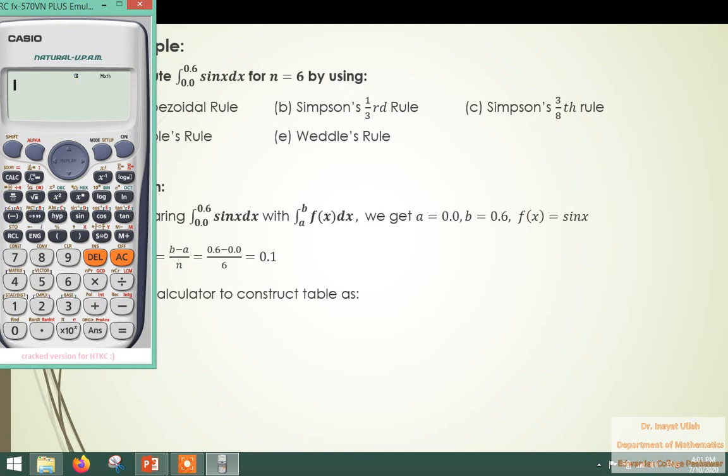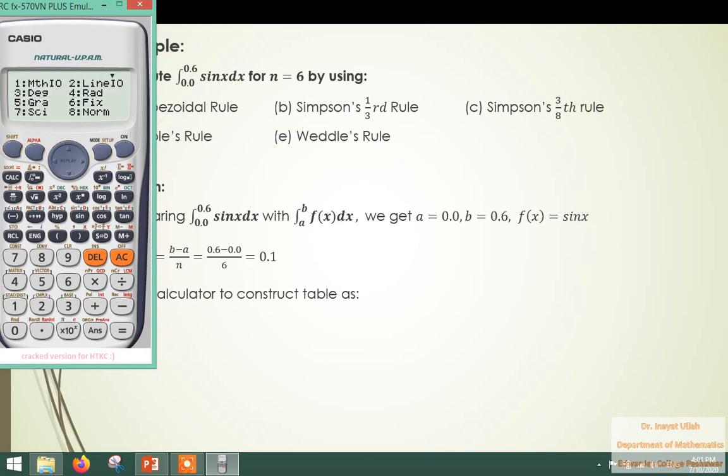We see here that in this display there is D, which is shown here. So it means that your calculator is in degree mode. So we need to convert this degree mode into radian. Press shift, then mode.